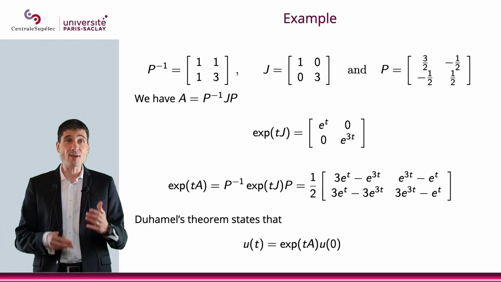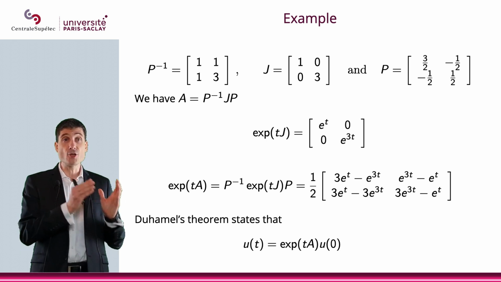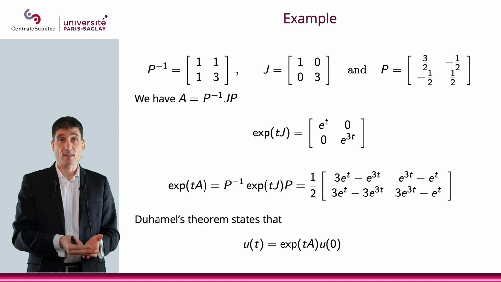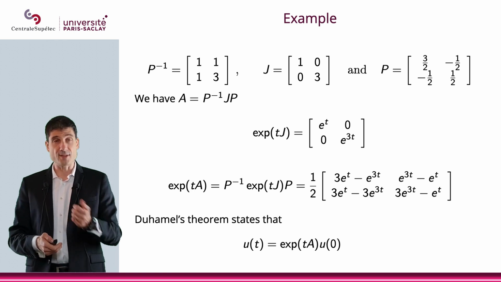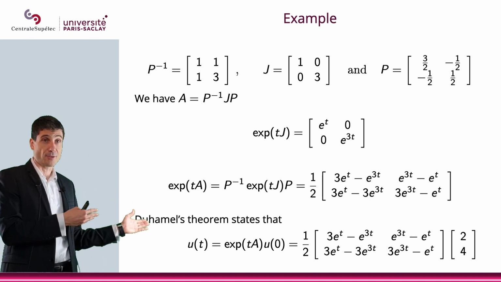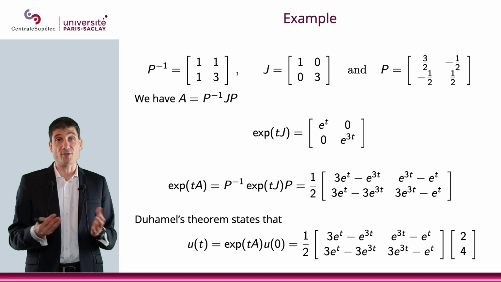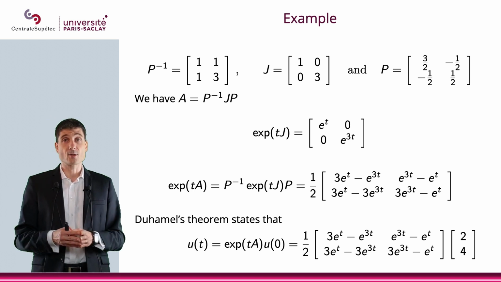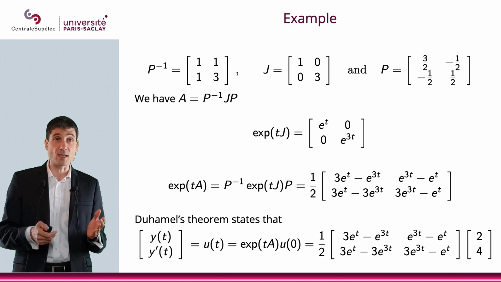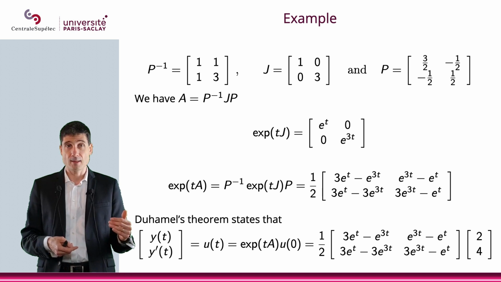So based on Duhamel's theorem, u(t) is the exponential of tA times u(0), which, when I plug things in, the exponential of tA is right above, and u(0) is (2, 4), as we stated earlier. And again, u(t) is (y(t), y'(t)).